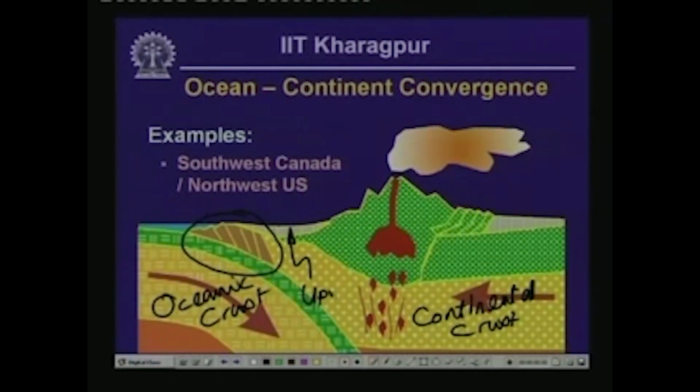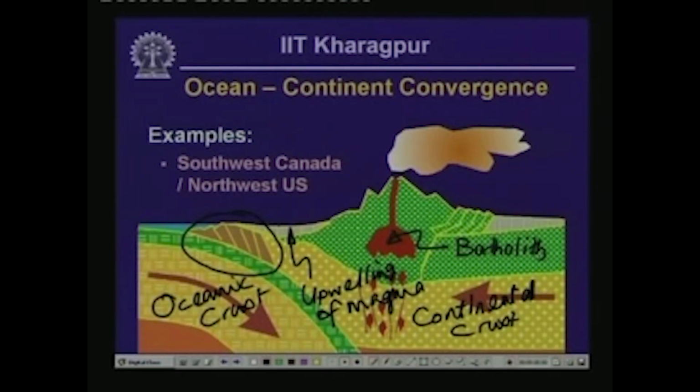So this one is upwelling of magma, and this one here is a batholith, as you might recall from earlier.